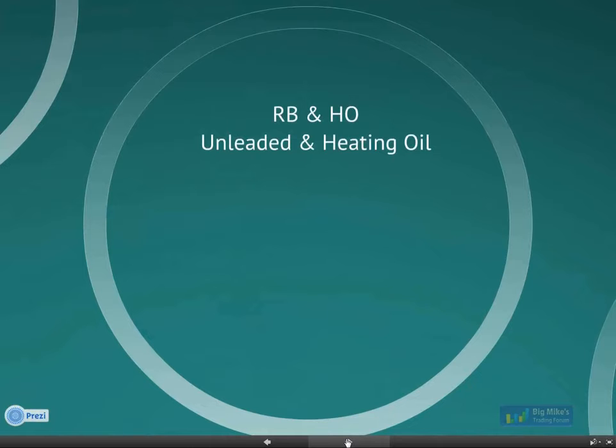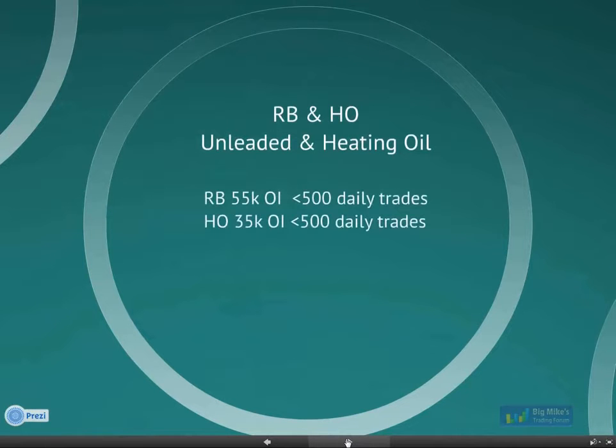RB and HO, unleaded and heating oil, 55,000 open interest on unleaded, but less than 500 trades a day. I mean, there's just not much done there. Heating oil, only 35,000 open interest and less than 500 trades a day. It's just very thin market.